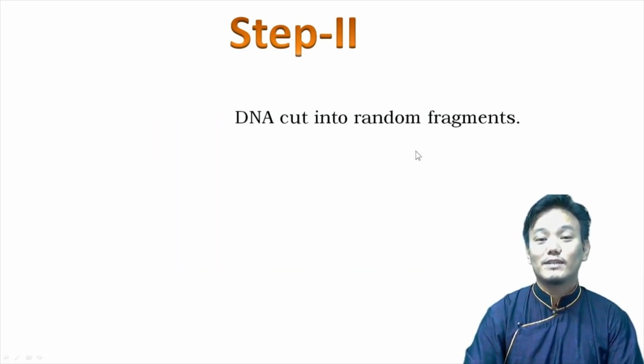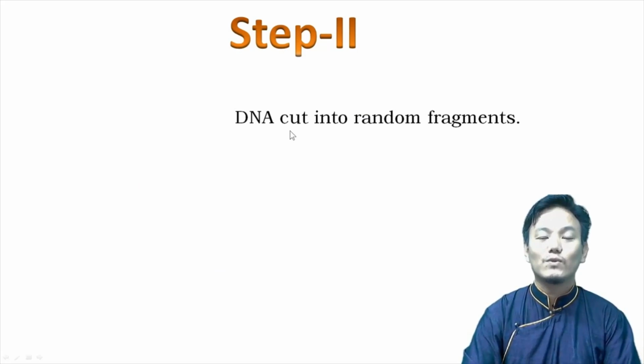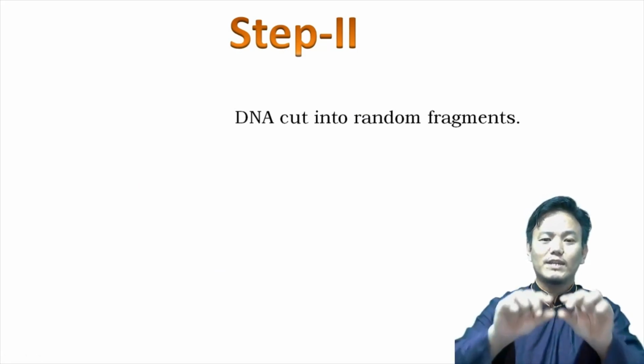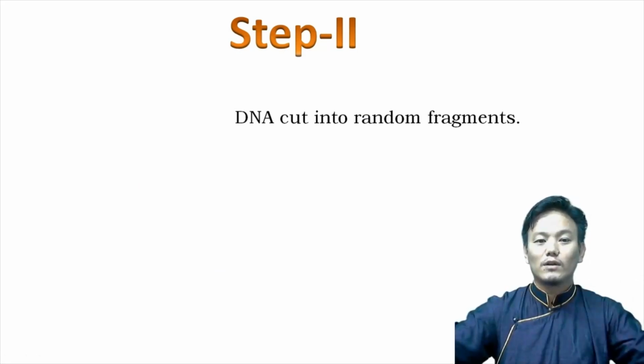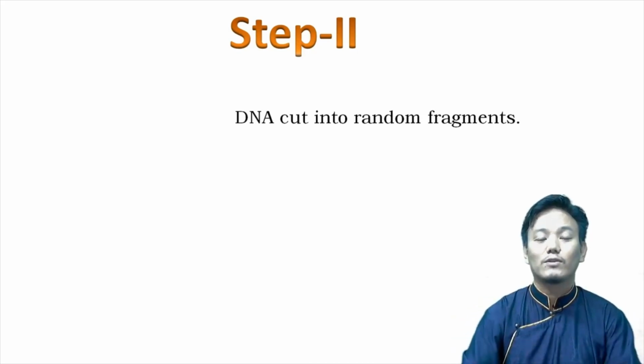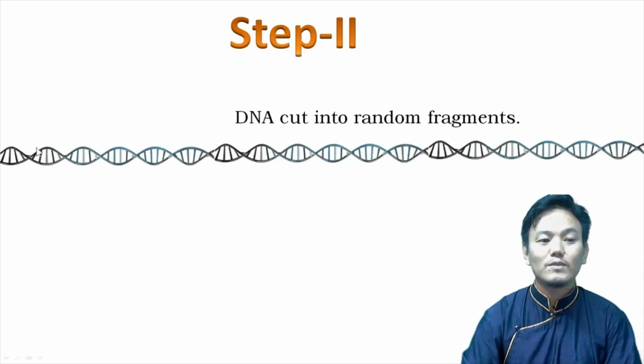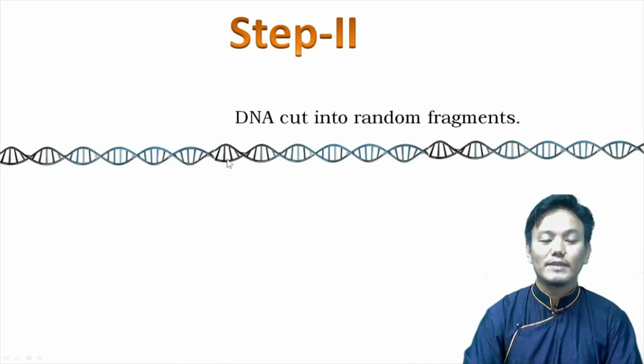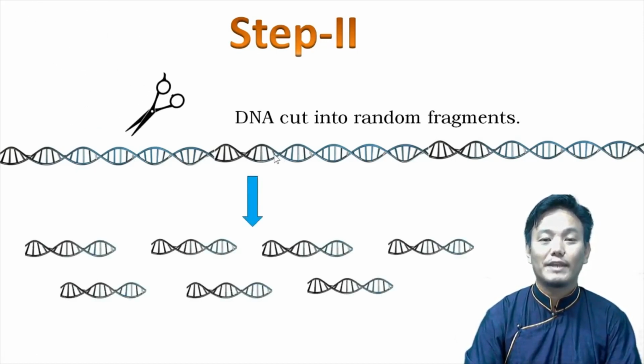After isolating the DNA, in the second step, the scientists have to cut the DNA into random fragments. We know that DNA is a very long, very large biomolecule. After isolation of this DNA from the cell, the scientists have to cut it into small random fragments.